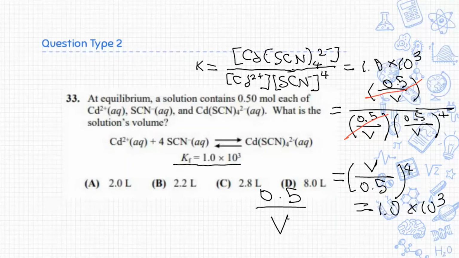What I did here is I made this to the negative 4th power, and then I swapped the denominator and the numerator to get this. Now, if we do some simple rearrangement, we should get that the volume is equal to 2.8 liters. Any questions?